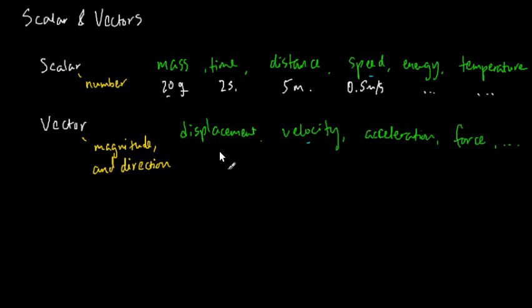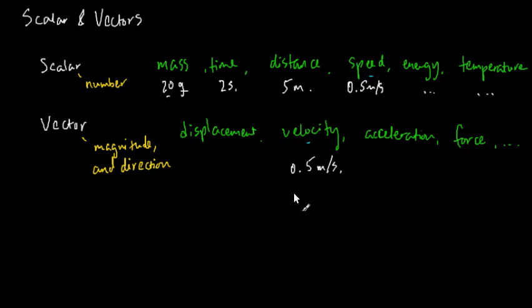Now let's look at a vector. I'll start with velocity. Let's say I walk with a certain velocity of 0.5 meters per second. Now when I talk about velocity, I must also mention the direction.